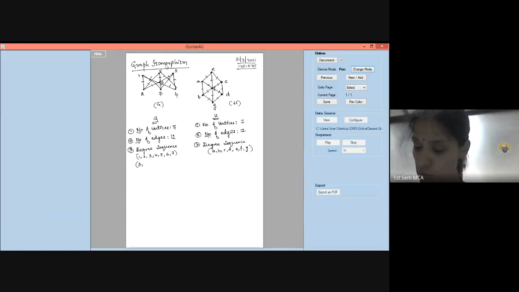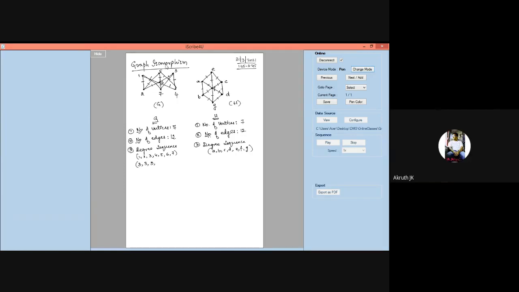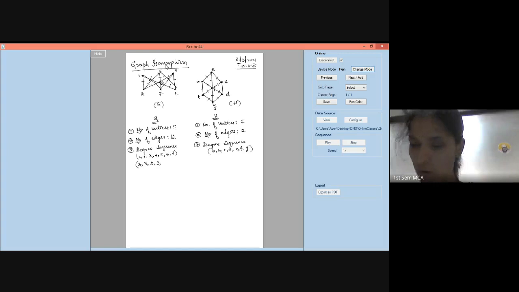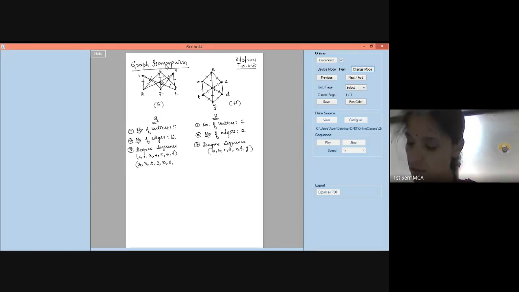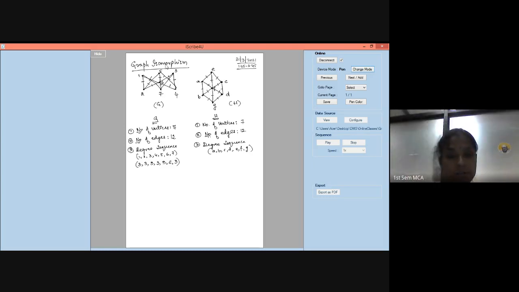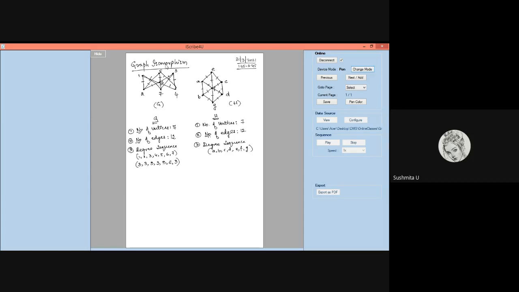Degree of 2 is also 3. Degree of 3 is also 3. Degree of 4 is also 3. Degree of 5 is also 3. Degree of 6 looks more: 1, 2, 3, 4, 5, 6. Degree of 7 is also 3. Did you all get this? Yes, ma'am. Good.